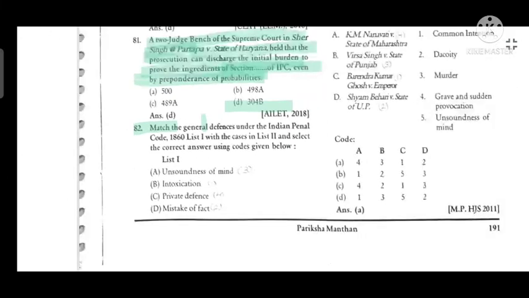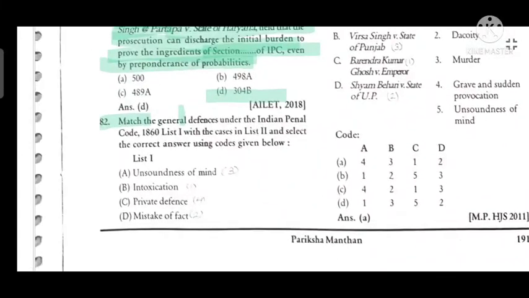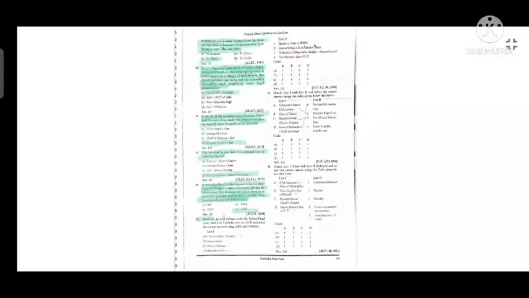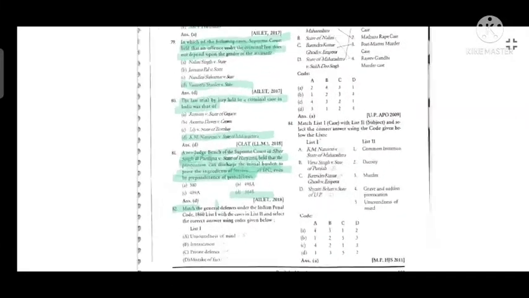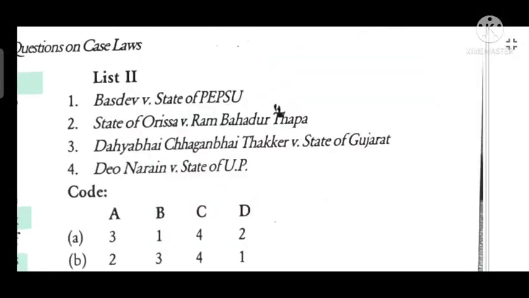Match. Dayabhai Chhaganbhai Thakkar versus State of Gujarat, unsoundness of mind. Basudev versus State of PEPSU, intoxication. Dev Narayan versus State of UP, private defense.